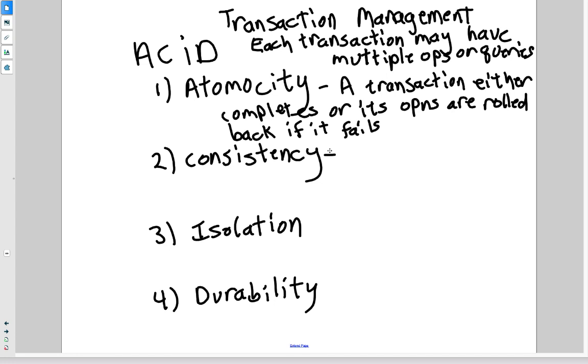Consistency means that a transaction brings the database from one consistent state to another.